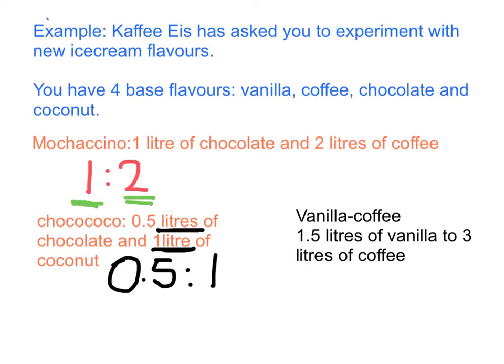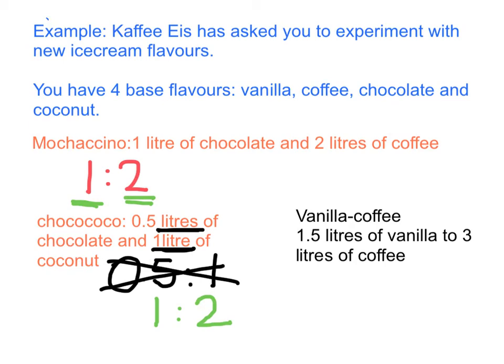What we want to do is to have it be in whole numbers. So if we double both of those, we'll get 1 litre of chocolate and 2 litres of coconut. So the nicer way to write that ratio is as 1 to 2 as well.